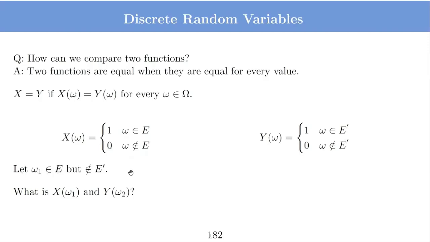So you have found one omega 1 value for which x(omega) and y(omega) are different. So this means these two random variables are not equal, because they have at least one disparity between the two. Okay, even so, we have seen that they can have the same distribution.